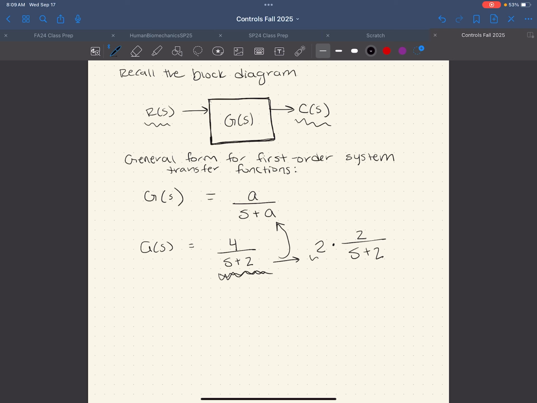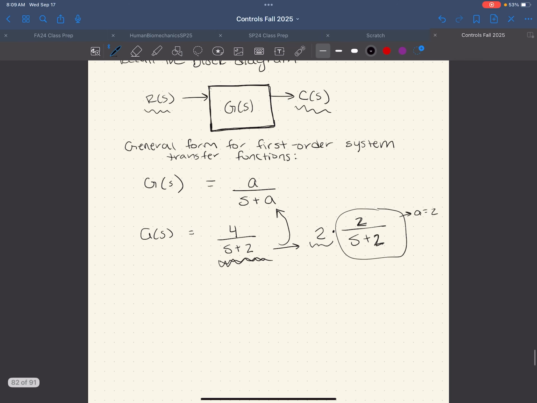But we now just have a constant multiplied by a transfer function that looks more like our general form, where we have a 2 in the numerator and a 2 in the denominator. So for this transfer function, the value of A equals 2. And so what we talked about is that multiplying our transfer function by a constant does not change our time response characteristics. It only changes the amplitude of the response.